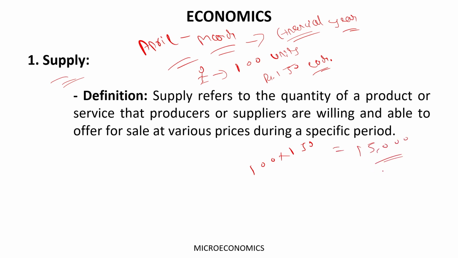So total goods valued at 15,000 have been supplied by this person. This is the meaning of supply: the quantity of a product or service that producers or suppliers are willing and able to offer at various prices. He was willing and able to supply 100 units at a price of 150 during a specific period of time, which may be the financial year, the quarter, the month, or any certain but definite time period. All right.